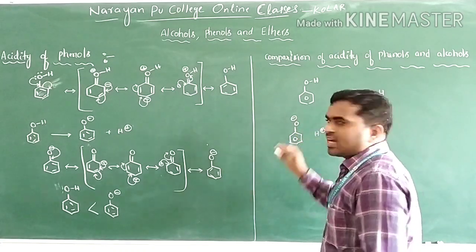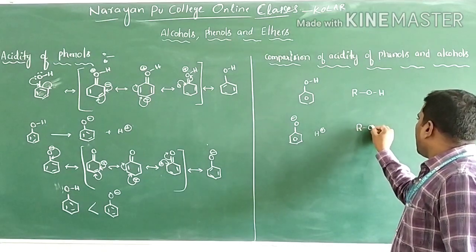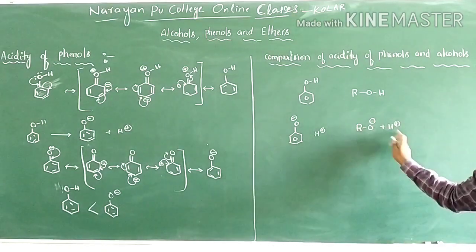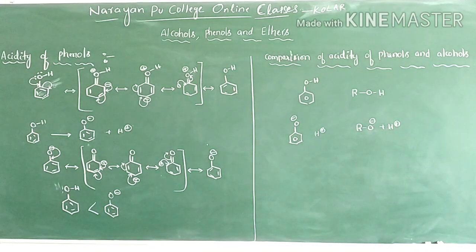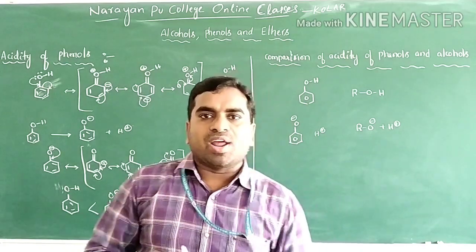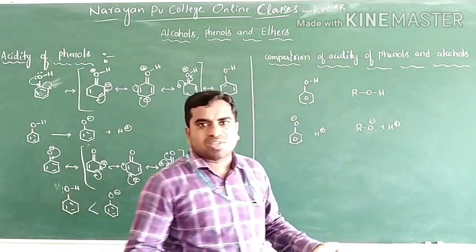So this is the phenoxide ion. Clear? And same here also, write the alkoxide and here H plus. Both are giving H plus only, so both are acids only. But you have to say which one is more acidic. More acidic means whichever ion is more stable, that one will be the more acidic.